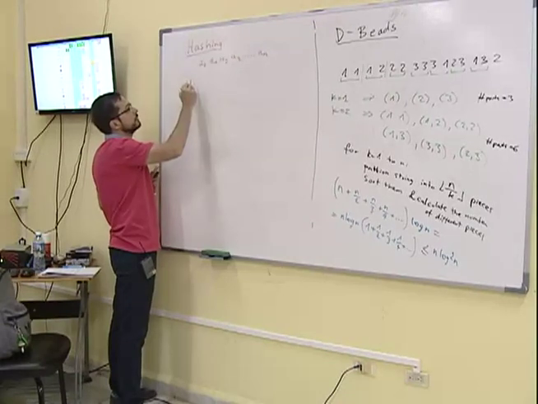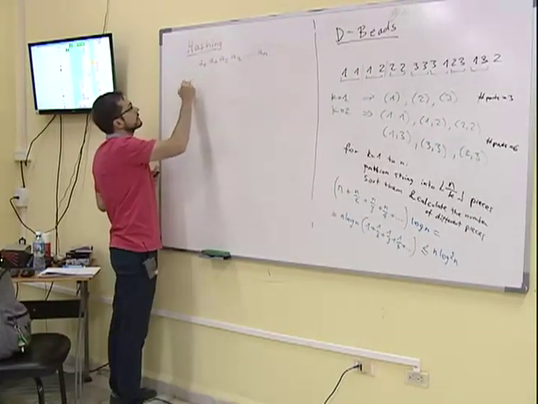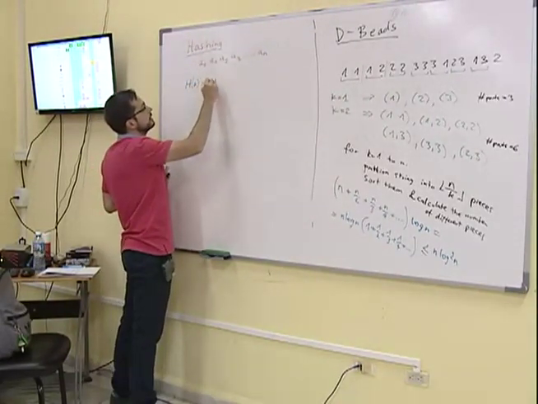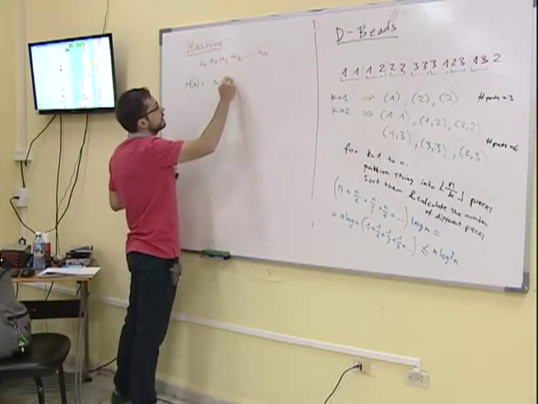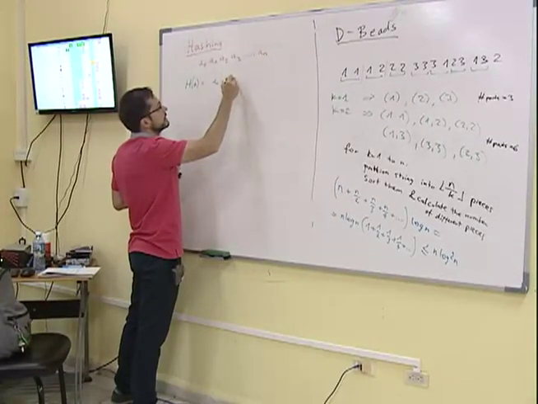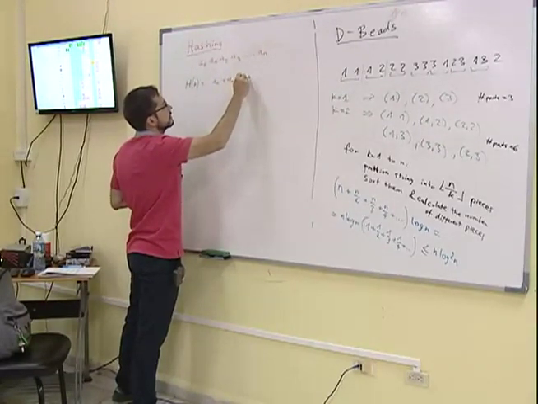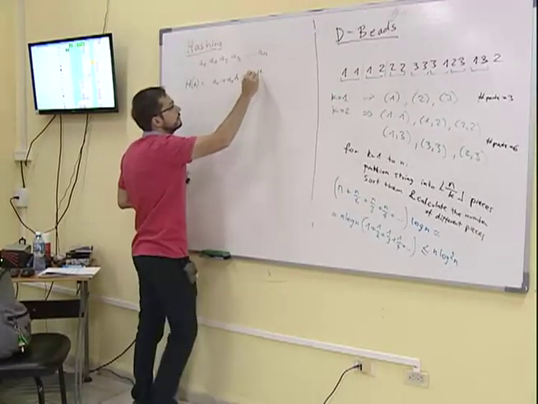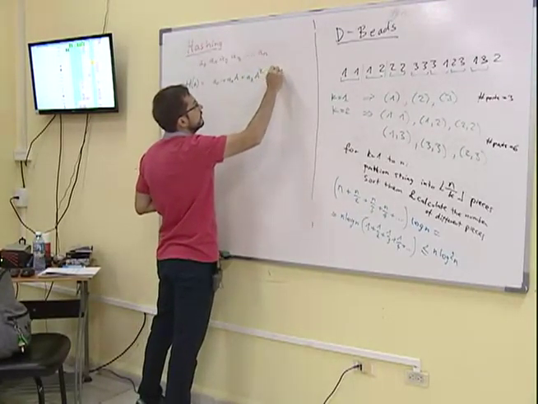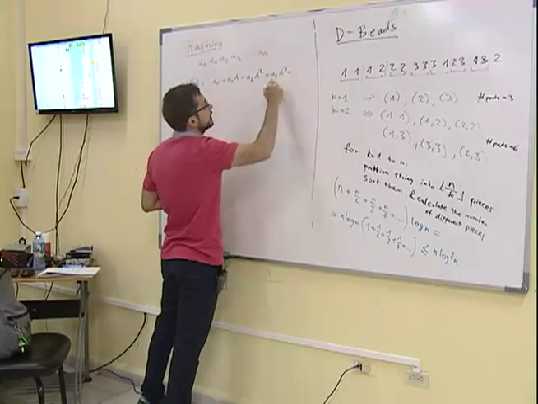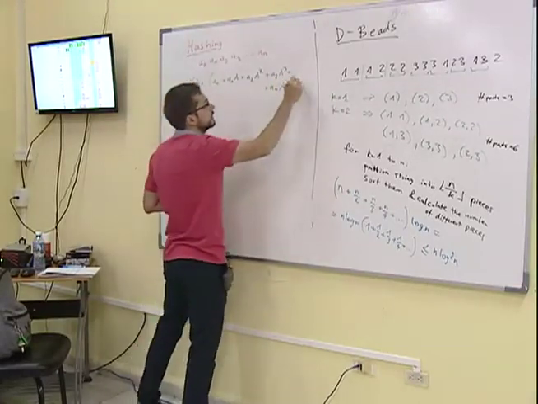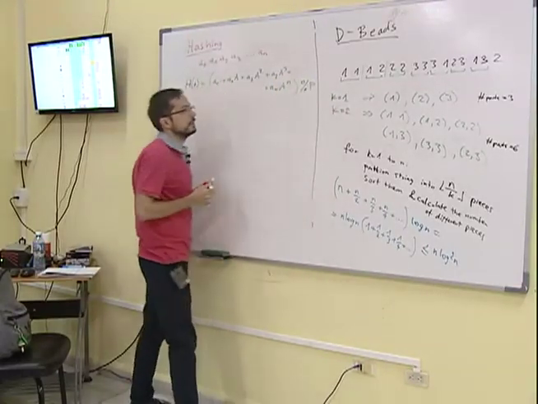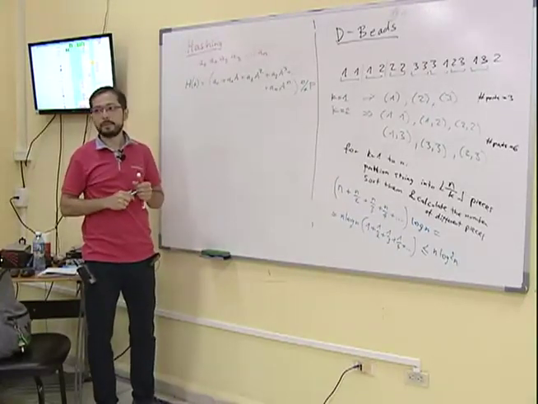So the hash of string A will be A0 plus A1 times some base a, plus A2 times a to the power of 2, plus A3 times a cubed, and so on up to AN times a to the power of n, and everything we take modulo some prime number p.